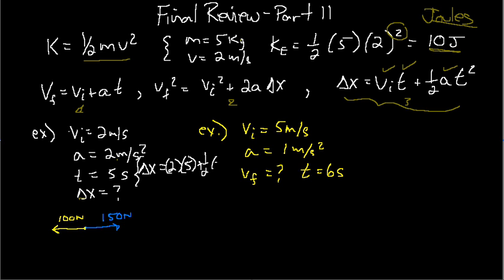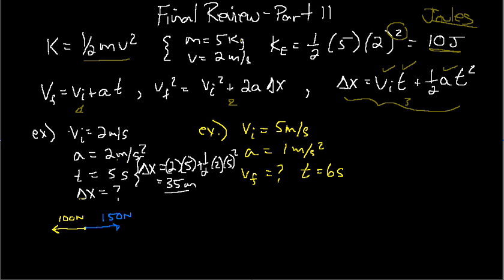The acceleration in this case is 2, and the time is 5 squared. So these 2's conveniently cancel. 5 squared is 25. 2 times 5 is 10. So delta x would be 35 meters in that case. Delta x is a displacement, so it's length. So you know you're going to have units in meters.